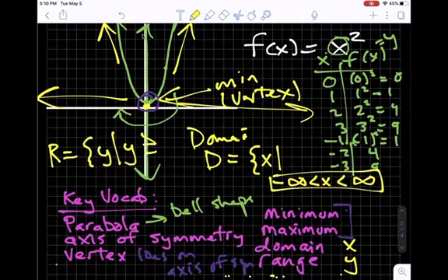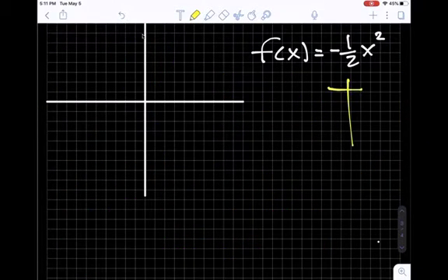So these are the formal ways of writing that out. I think understanding it is the big thing, so that when you're seeing these terms, you're not getting confused. Let's look at one more real quick. I purposely picked another one: negative 1/2 x squared. Let's make our x and y chart. Remember, y is another way of saying f of x. If I put 0 in, that gives me 0.